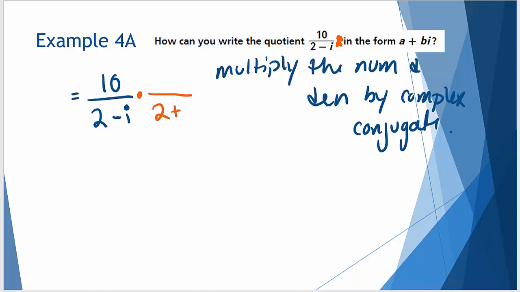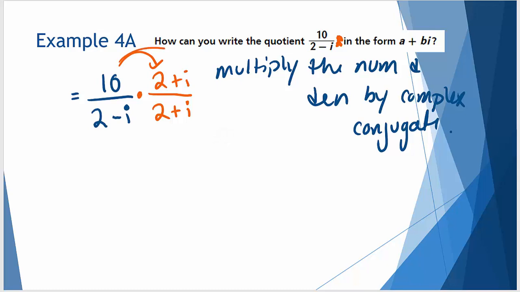So I'm going to multiply the top and the bottom by the complex conjugate. And because I'm doing it to the top and the bottom, I'm not actually changing the question at all, because anything over itself is 1. I'm just modifying it in order to simplify that denominator.